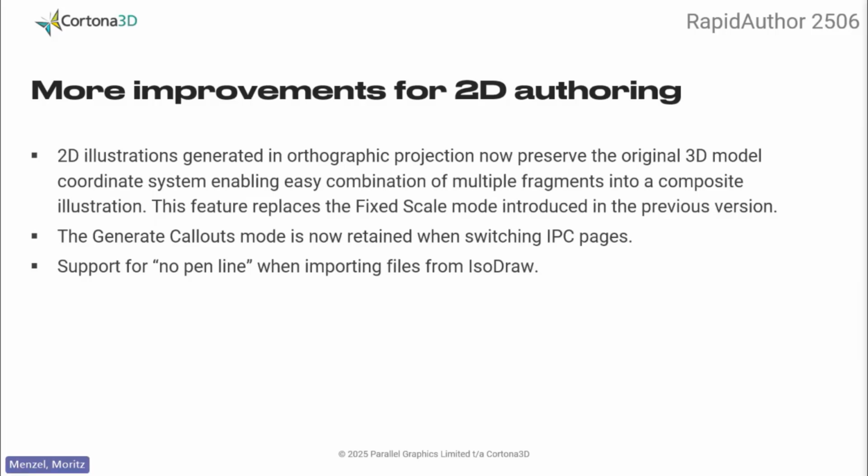This feature will replace the fixed scale mode introduced in the previous version. The generate callouts mode is now retained when switching IPC pages, and we now have support for no pen line when importing files from ISODraw.